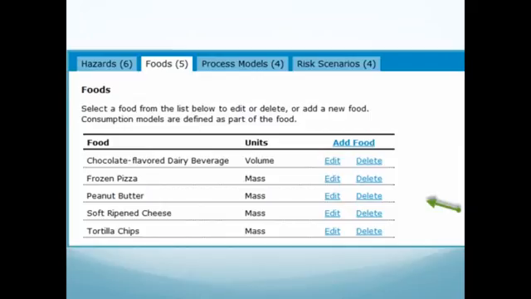So when you go into the program, it'll give you a lot of different hazards and a lot of different foods. And for example, peanut butter was associated with a salmonella outbreak a few years ago. It was a very big one. It involved a big product recall. So that's basically put on the list. And there's other ones as well, soft ripened cheese, things like that.